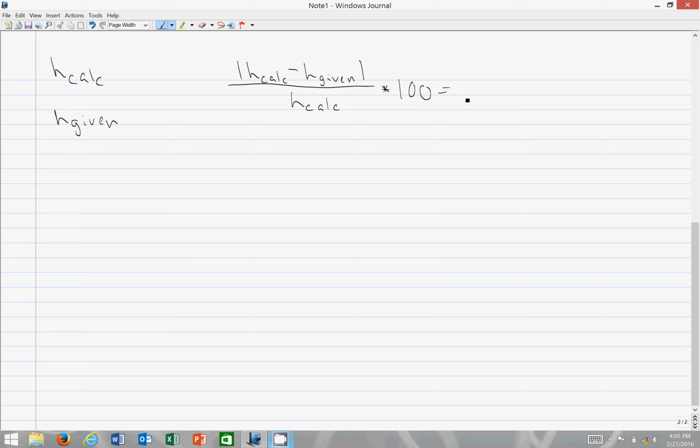And this gives me the percent difference, excuse me, between my two numbers. Now again, we won't have to do that for this pre-lab, but we will have to do it in our lab, so it's nice to know going forward.